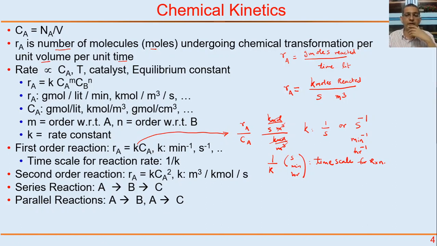Process dynamics you have studied. So that's the meaning of time scale for the reaction. How fast or how slow the reaction is happening, on what time scale this reaction is happening. So K is like the rate, how fast or slow. 1 by K is how long the reaction takes, whether the reaction is happening in 1 second, 1 minute, or 1 hour.